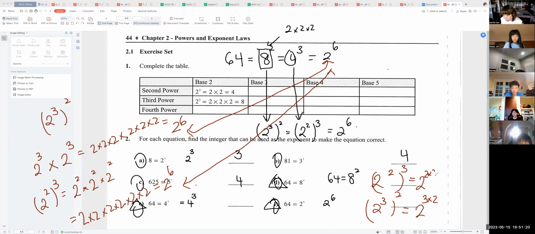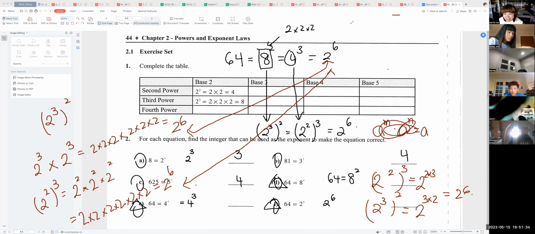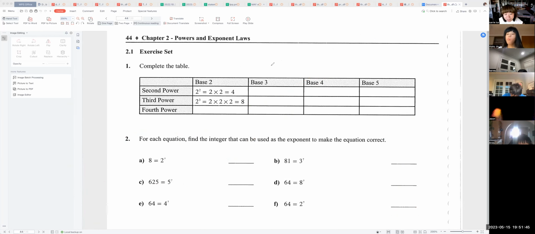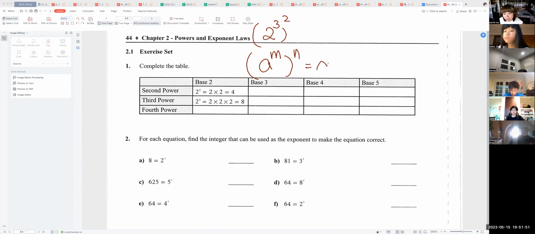Kevin 记下来了没有？所以 a 的 m 次方的 n 次方，等于 a 的 power m times n. Get it, everybody? Please write down this one.